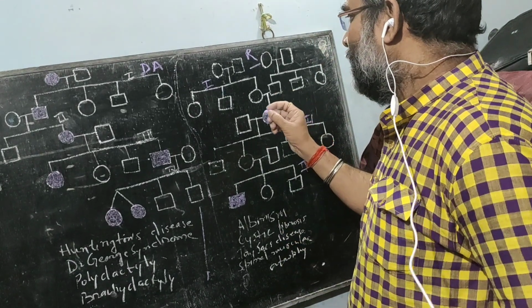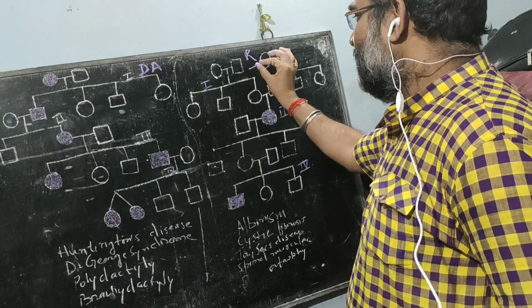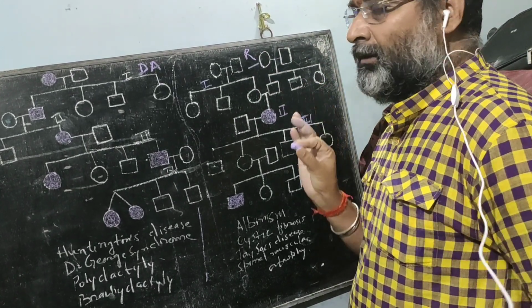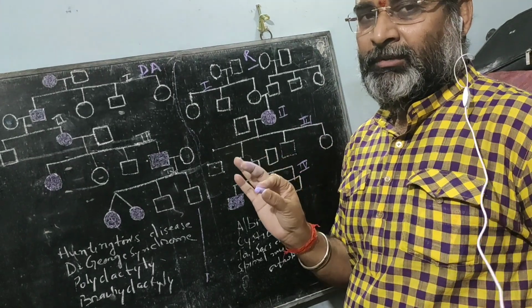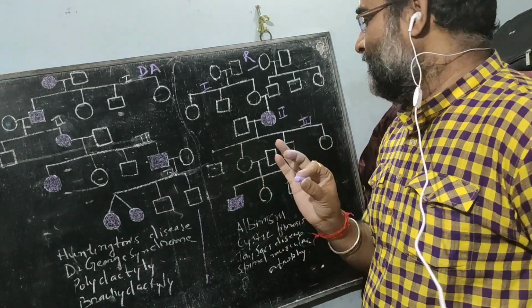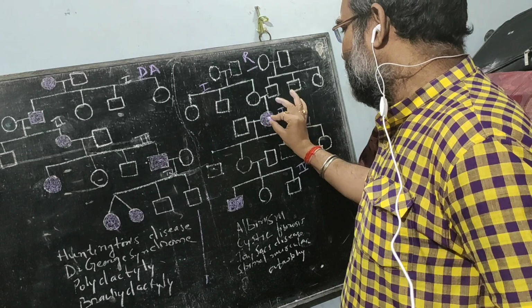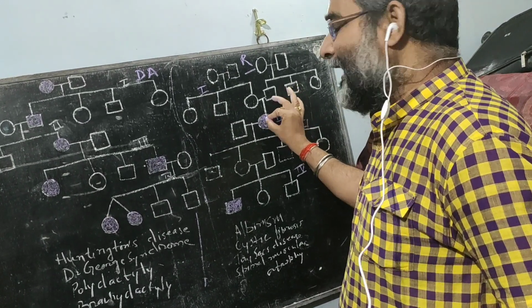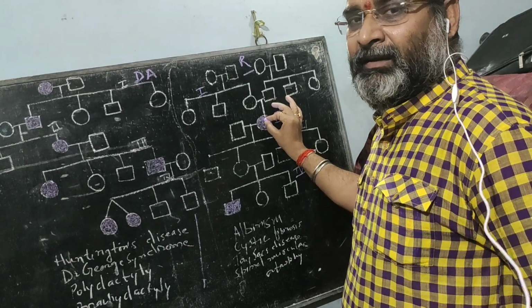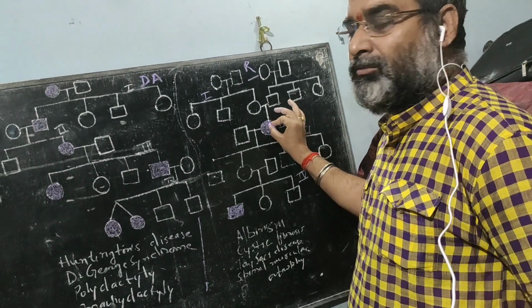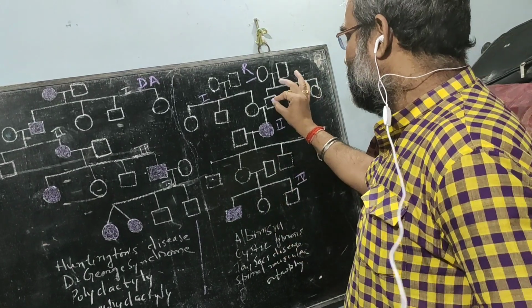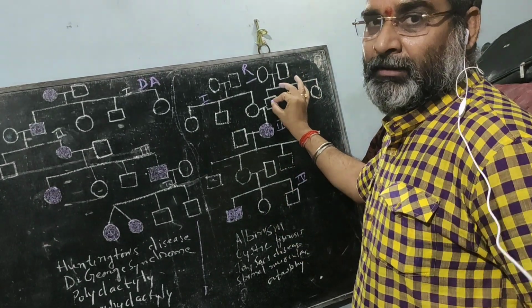Second, if we analyze whether it is autosomal or sex chromosomal linkage, the character is observed in the female, and a female always carries the X chromosome of the father. And here we clearly observe the father is normal.